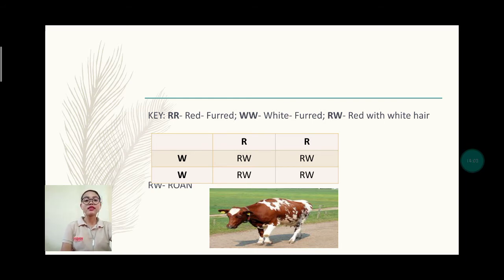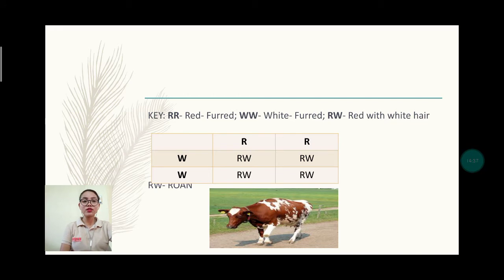Okay, using Punnett square, same process. R times W is equal to RW. R times W is equal to RW. Next, RW times W is equal to RW. R times W is equal to RW. So if we observe, the results are 100% red with white hair, or what we call roan cattle.